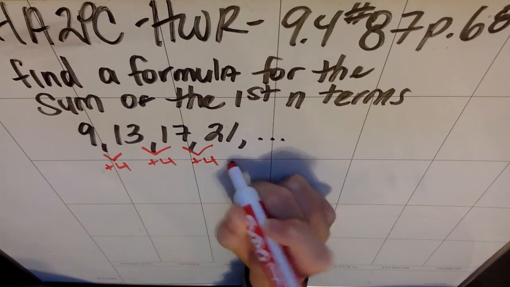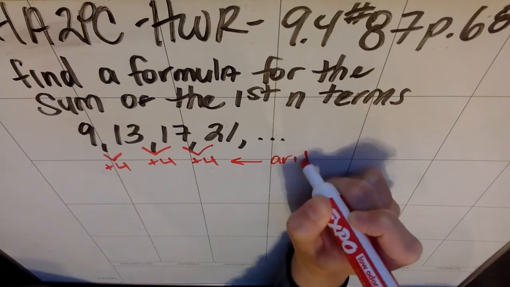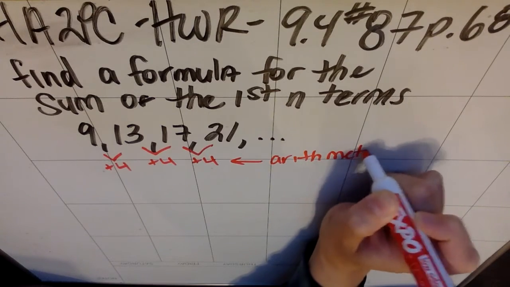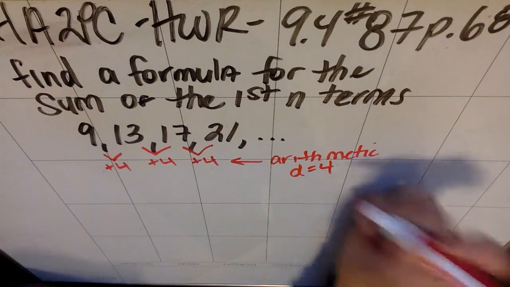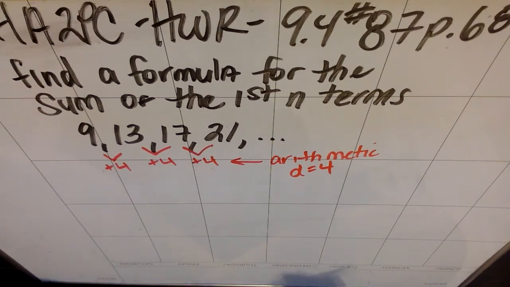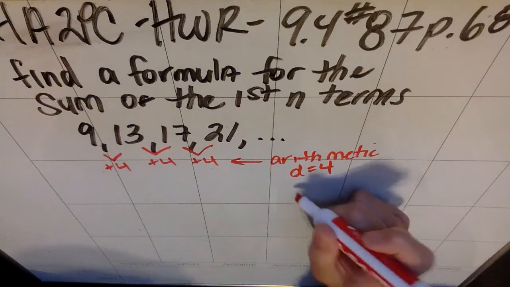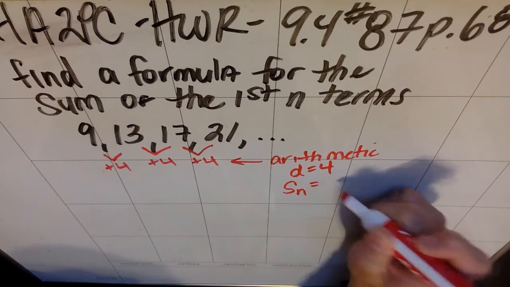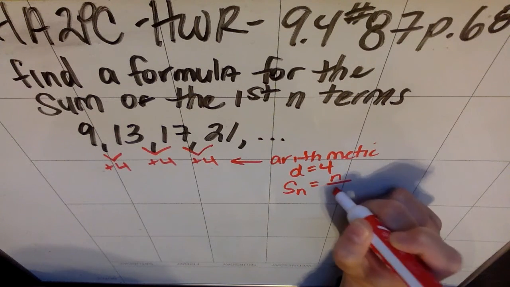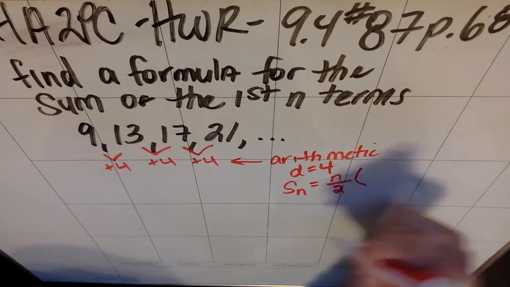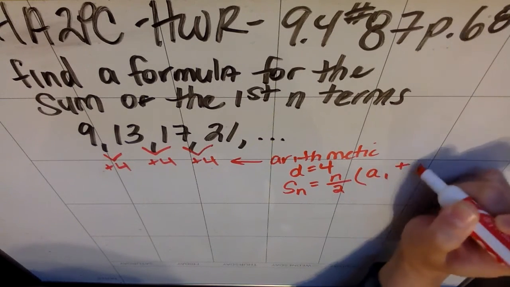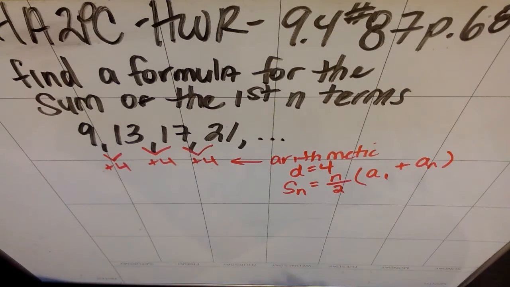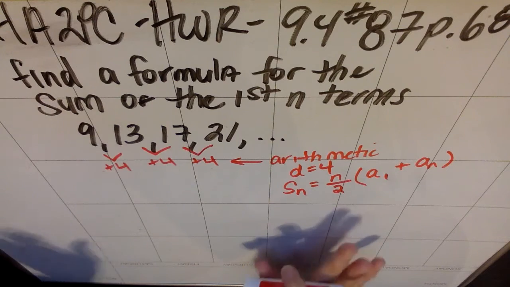So if you recognize that this sequence is arithmetic, then you don't really have to look for a pattern. If you know the common difference is 4, and you know that the sum of an arithmetic sequence is n over 2, half the number of terms, because that's the number of pairs, times the first term, a sub 1, plus the nth term, a sub n, then you can essentially write the formula mostly from this information.